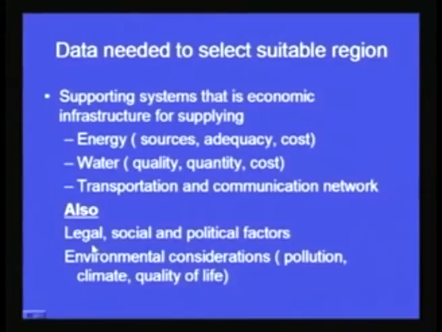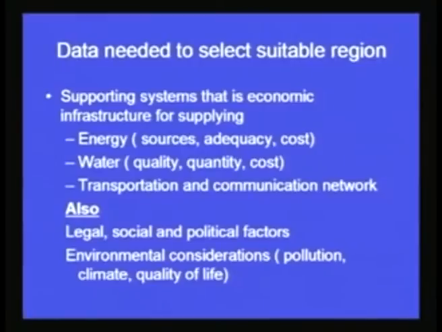So we have to take into account the legal, social and political factors. This we have already discussed in detail in our previous lectures on facility design. Also we have to see the environmental considerations. So in environmental considerations we have pollution, climate and quality of life.